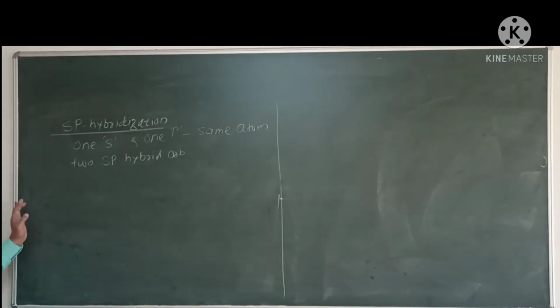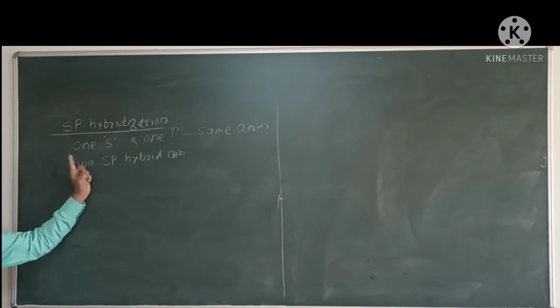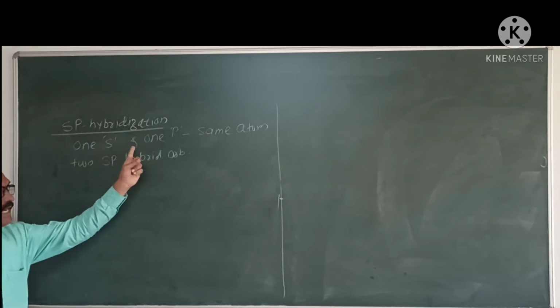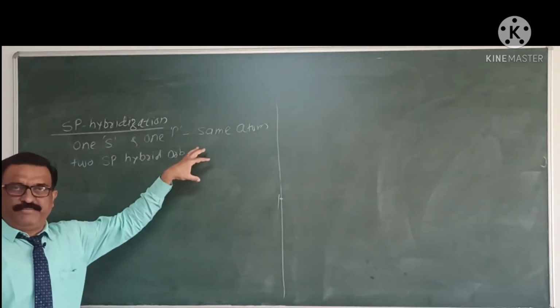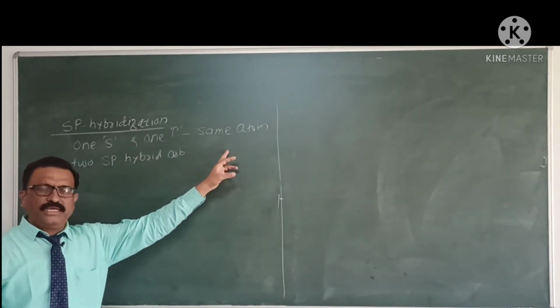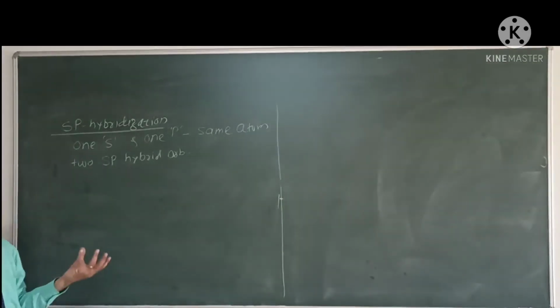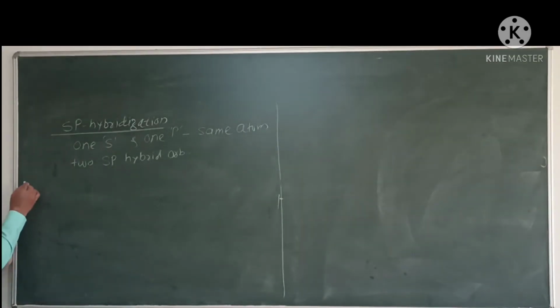That is, only one s and one p atomic orbital of the same atom having nearly the same energy, meaning a 2s atomic orbital can overlap with a 2p of the same atom, mix together.